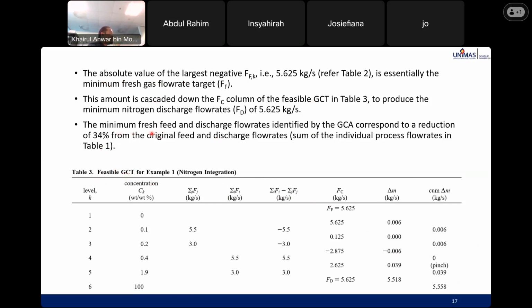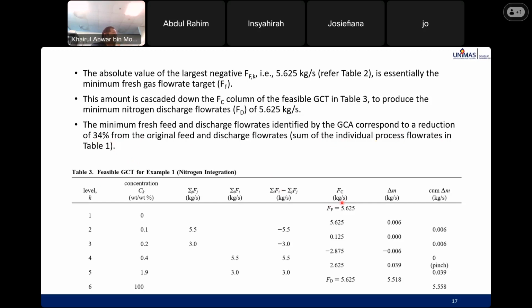The minimum fresh feed and discharge flow rate identified by the GCA correspond to a reduction of 34% from the original feed and discharge flow rates of the process flow rate in table 1. So how did they get the 34%?